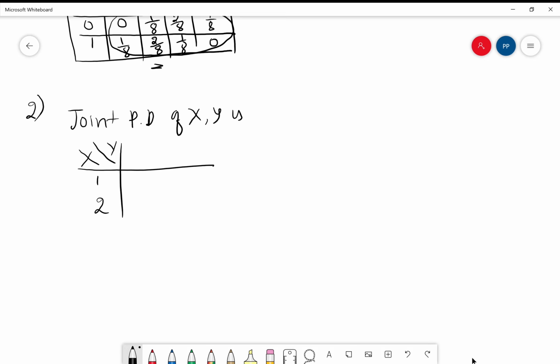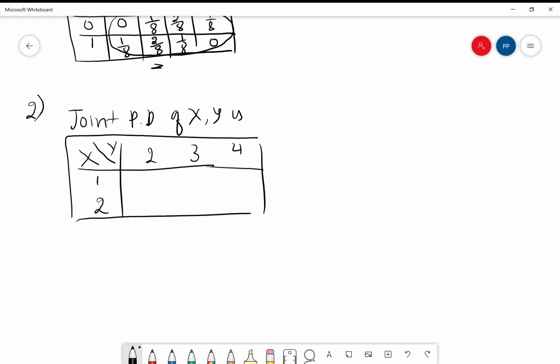Values of y are 2, 3, 4. Now corresponding probability values are 0.06, then 0.15, next 0.09. Next set of values are 0.14, 0.35, 0.21.